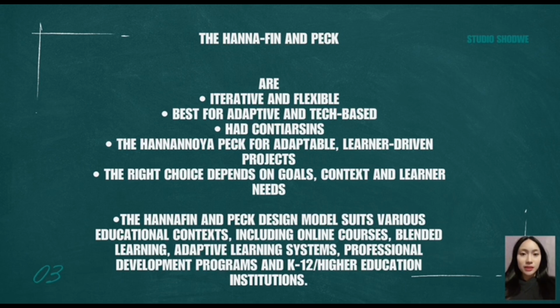Iterative and flexible. 2. Best for adaptive and tech-based learning. 3. Best for adaptable, learner-driven projects. 4. The right choice depends on goals, context, and learner needs.